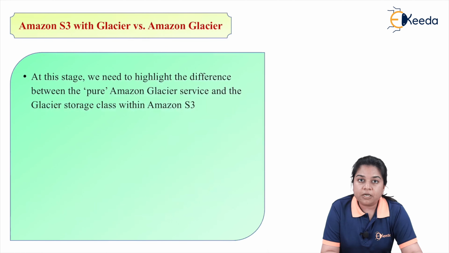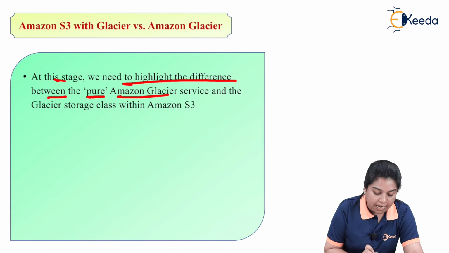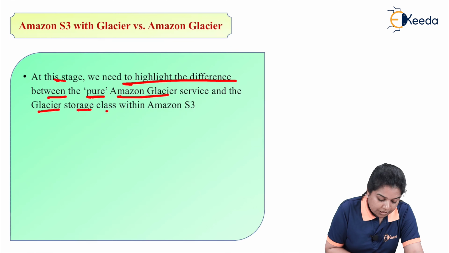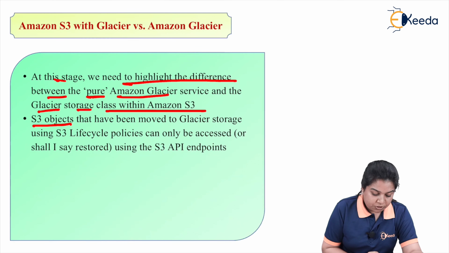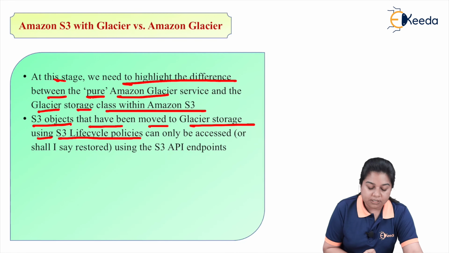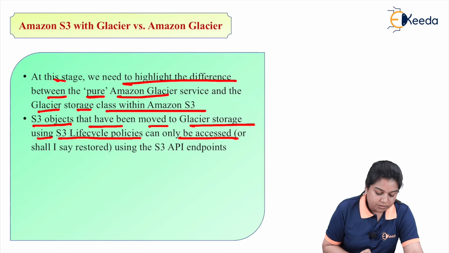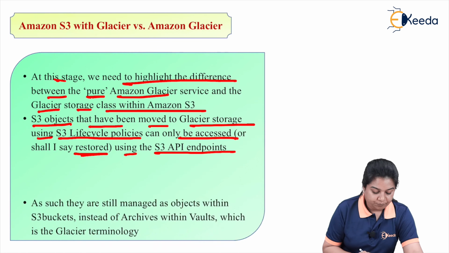Amazon S3 with Glacier versus Amazon Glacier. At this stage, we need to highlight the difference between the pure Amazon Glacier service and the Glacier storage class with Amazon S3. S3 objects that have been moved to Glacier storage using S3 lifecycle policies can only be accessed, or shall I say restored, using the S3 API endpoints.